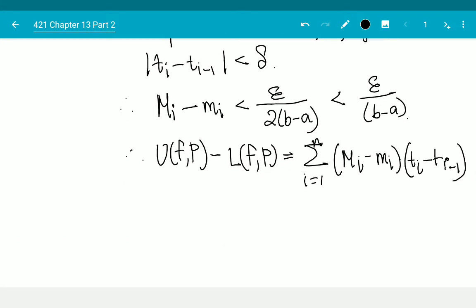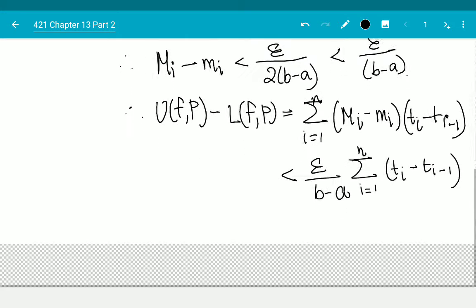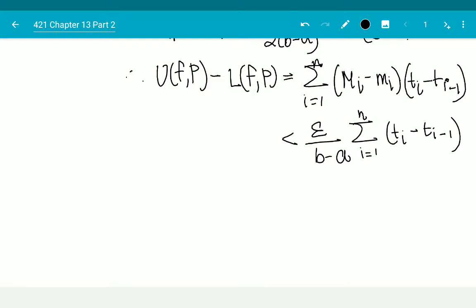Well, this is strictly smaller than epsilon over b minus a, since each of these terms Mi minus mi is smaller than epsilon over b minus a. I'm pulling that out. Well, epsilon over b minus a is a constant, and the summation i equals 1 to n of ti minus ti minus 1 is basically the entire interval, right?